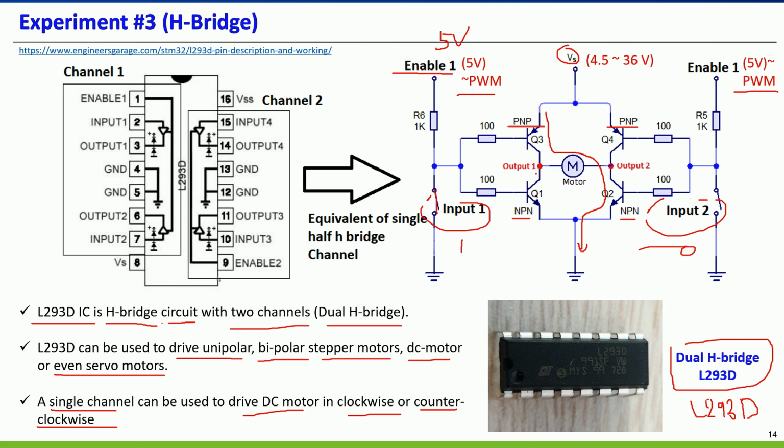So the DC motor will drive counterclockwise. When this switch is active, input 1 is closed, and the current flows through here. So this one becomes positive and this one becomes negative. This is an analogy for the H-bridge.